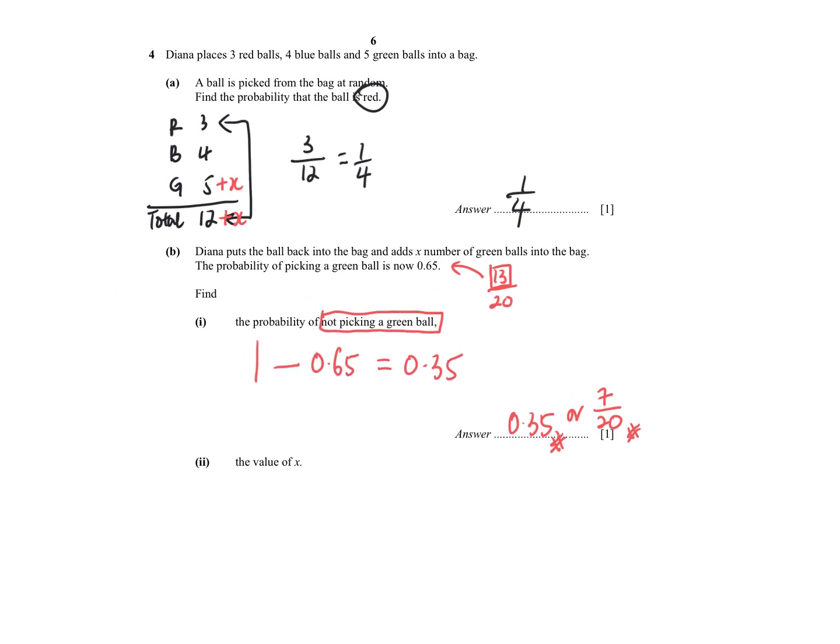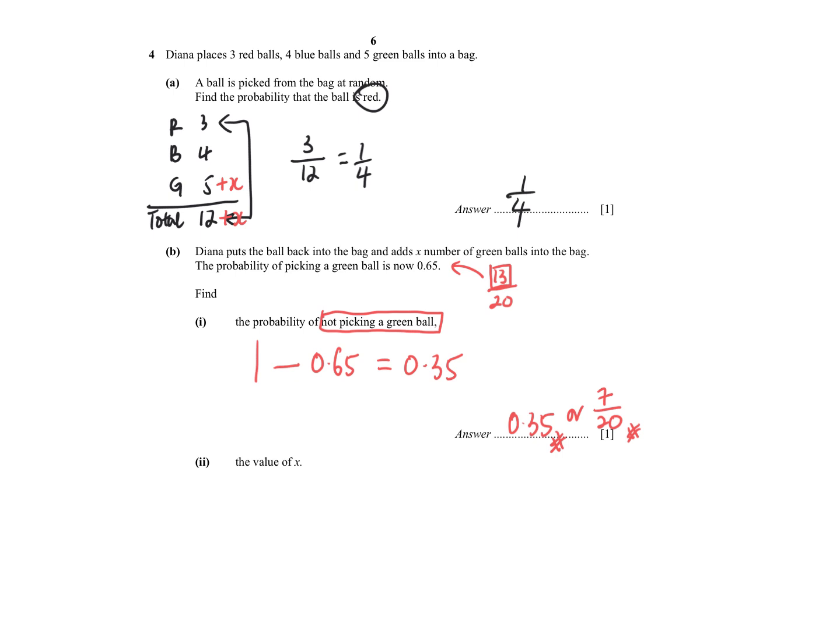So if you go and find the non-green ones, it will be 7 out of 12 plus X. Oh no, this one is green. Sorry, my bad. The one they give is green.